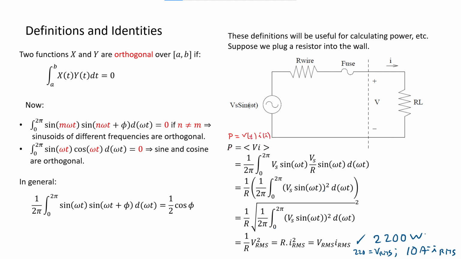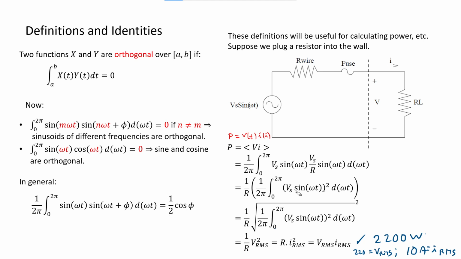Then the average value, capital P, is 1 over the period times the integral over the period. Because the relationship between i and v differs just by R in the denominator, we get the square term of sine omega t.